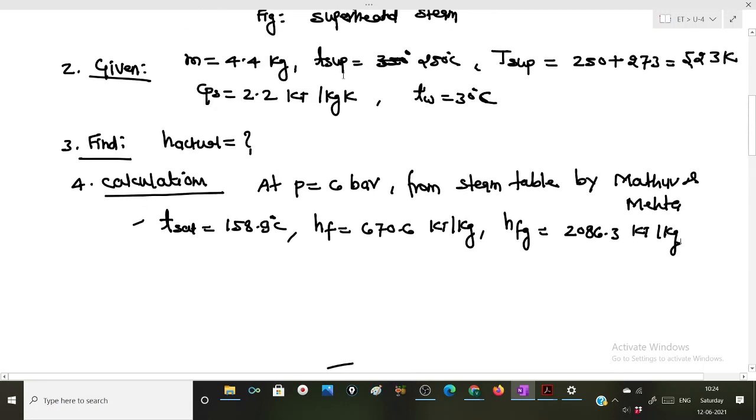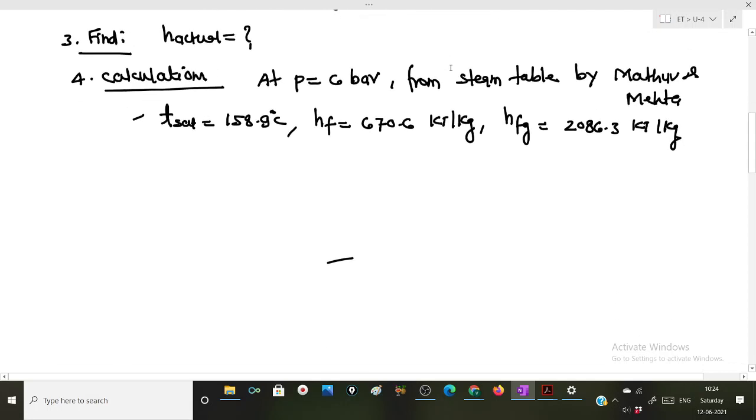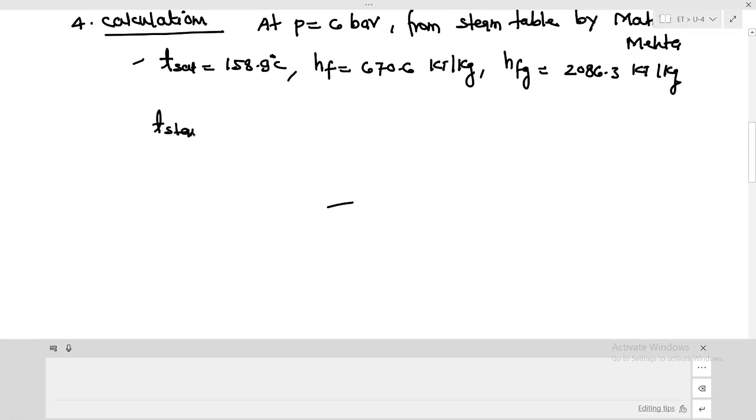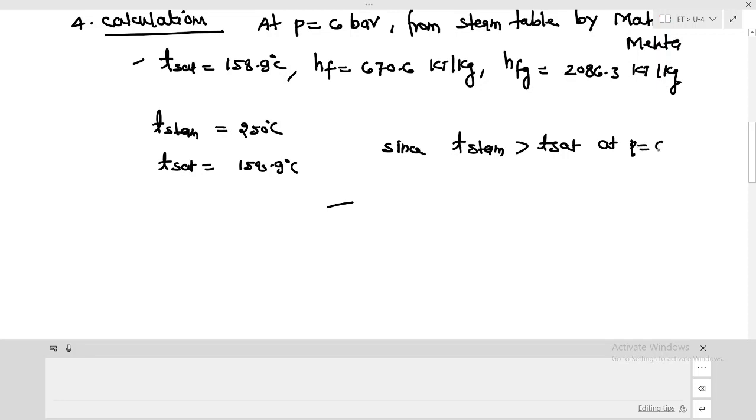as we have been given the temperature of the steam as 250 degrees Celsius, and the saturation temperature of steam at a pressure of 6 bar is 158.9 degrees Celsius. So since the temperature of the steam is more than the saturation temperature at P equal to 6 bar, that is, I am talking about this point.